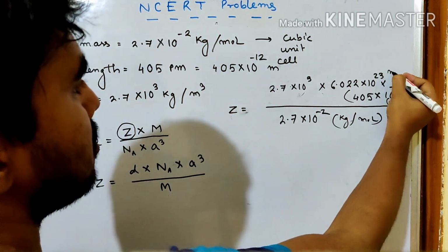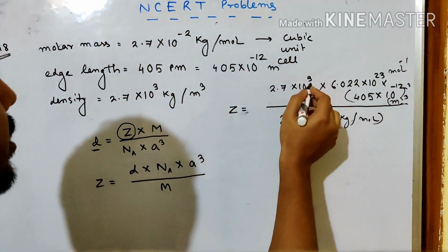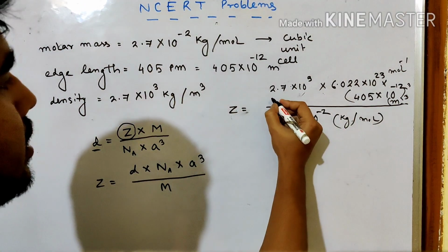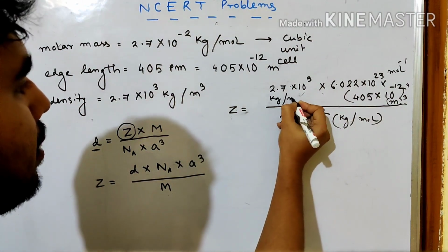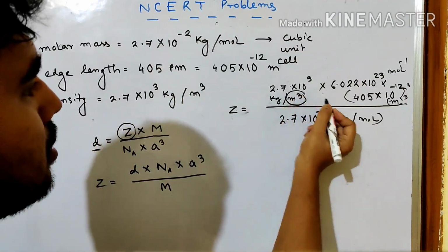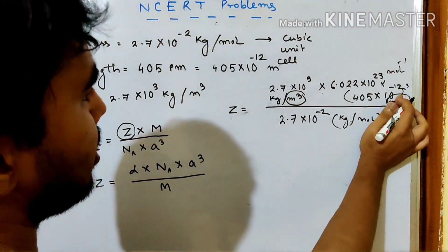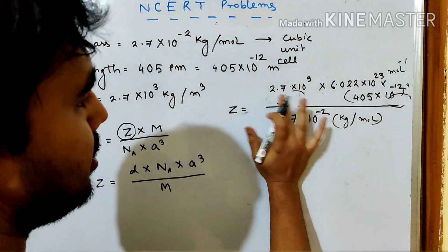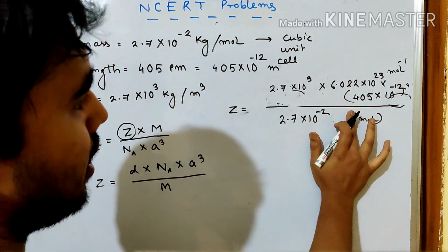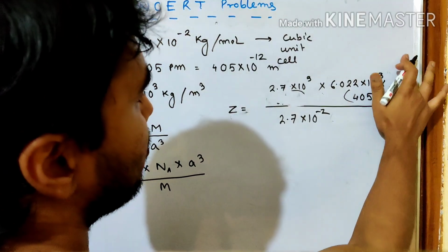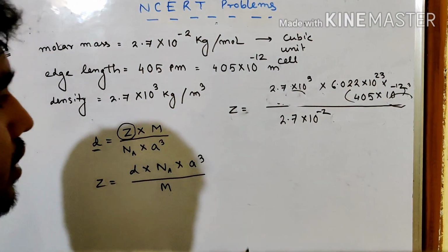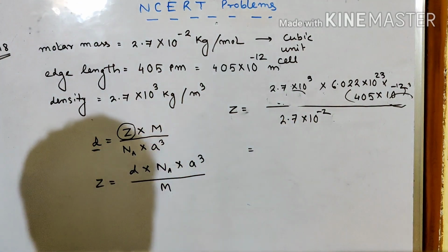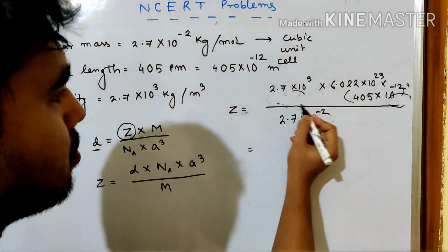This one is mole inverse, and 2.7 into 10 to the power 3 is kg per meter cube. You see, this meter cube and meter cube is going to cancel out. This kg and this kg is going to cancel out, and this per mole and this per mole is going to cancel each other out. So there will be no unit. So you have to calculate this much only.